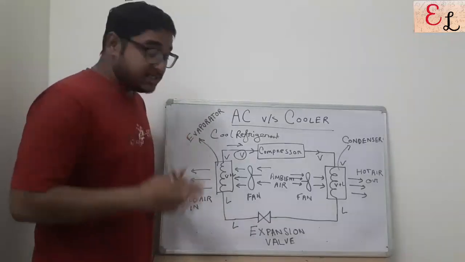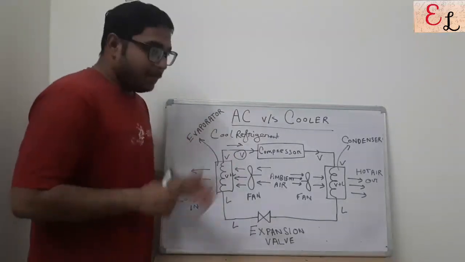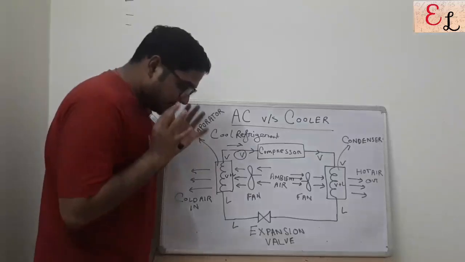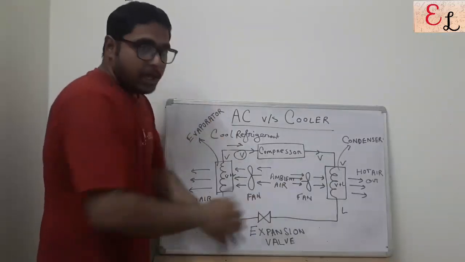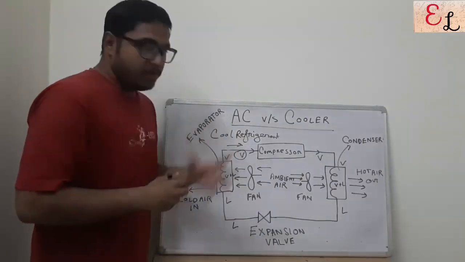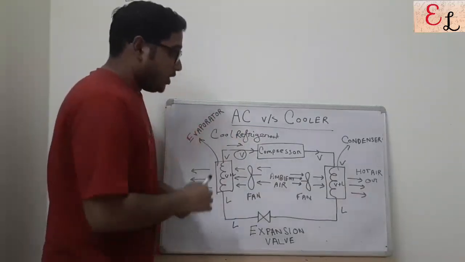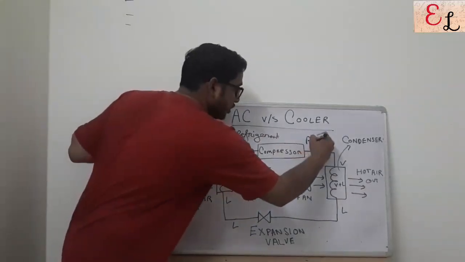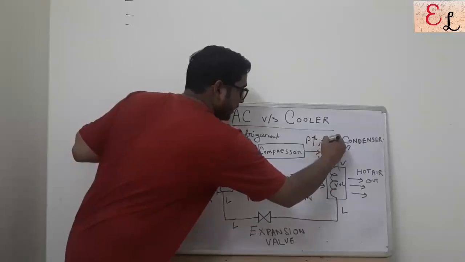Now the cool refrigerant is in the form of vapor. The compressor, as we all know, is responsible for pushing gaseous state matter or vapor state matter under high pressure, and gives a high discharge pressure and in turn a high temperature.